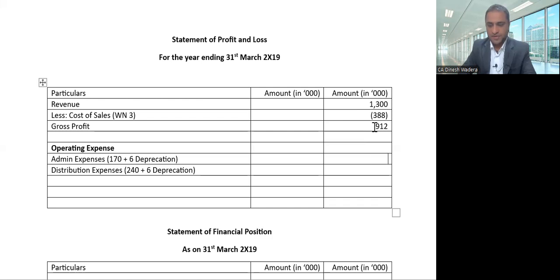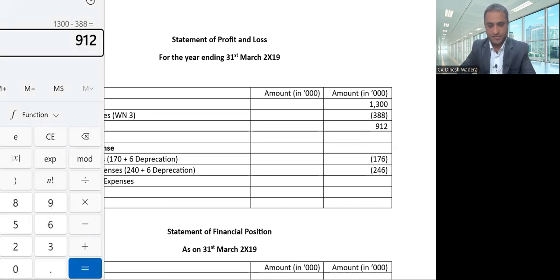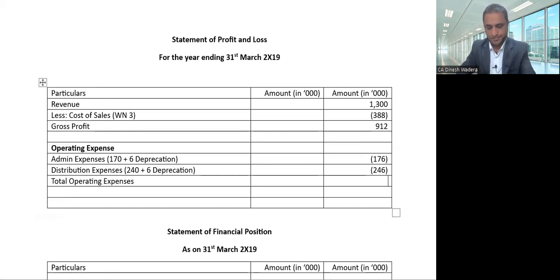So 170 plus 6 comes to 176. If you have to deduct, you can always show it as a negative figure. 240 plus 6, 246. You can subtotal it. Total operating expenses, 176 plus 246, 422.